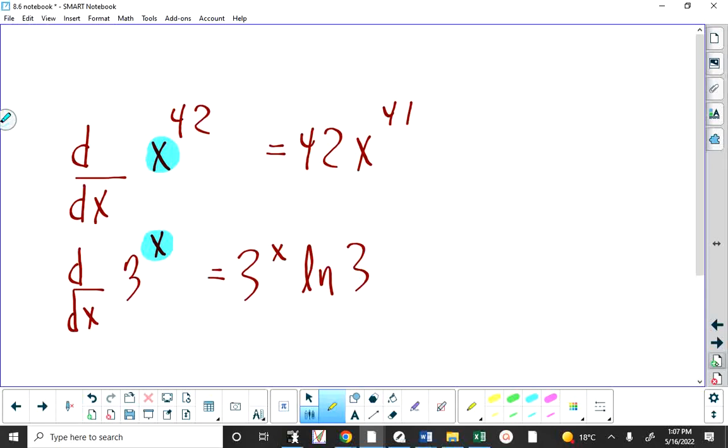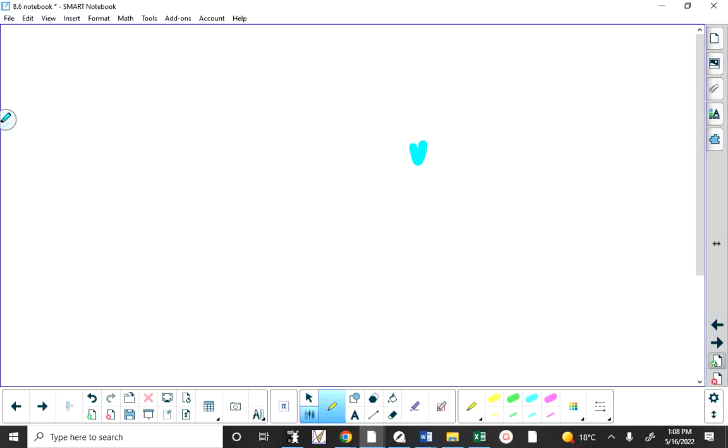But we don't have a rule for a variable to a variable. So if I asked you to differentiate y equals x to the x, which is a really weird thing to start wrapping your head around, like, what does that even mean? It's bizarre. You would have to use logarithmic differentiation.